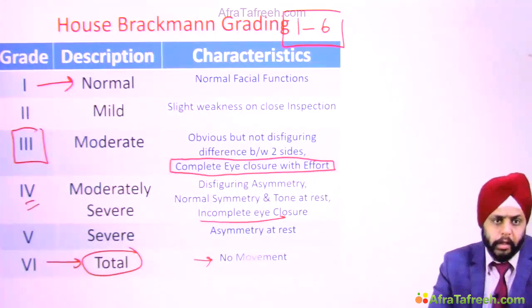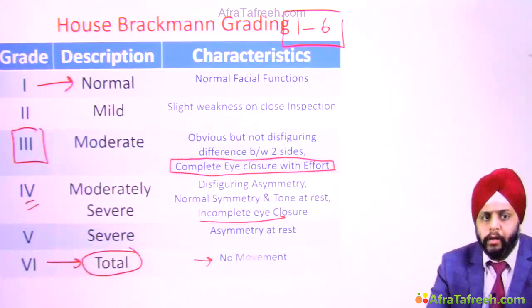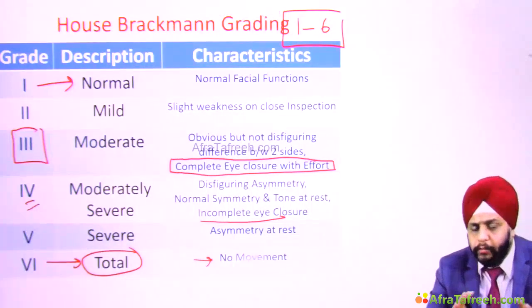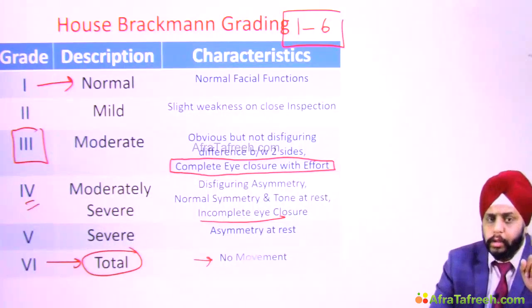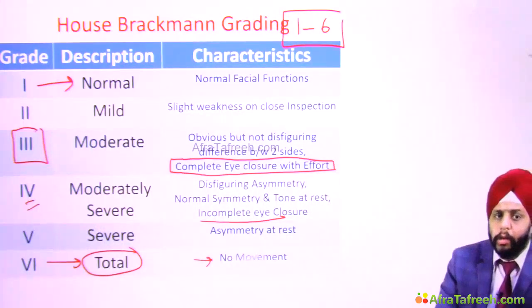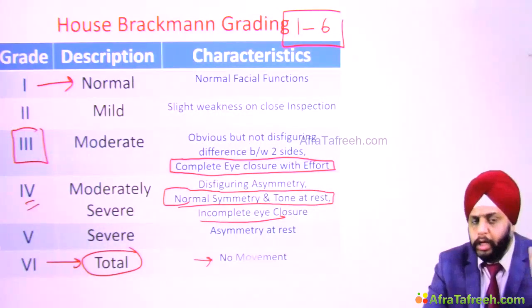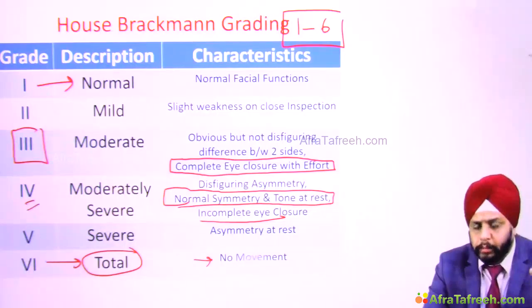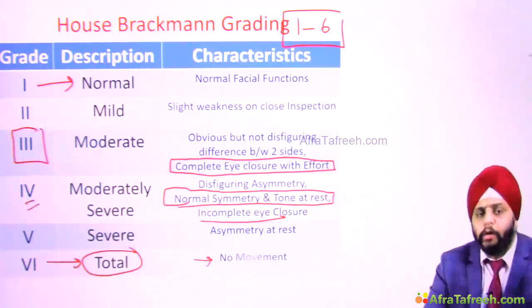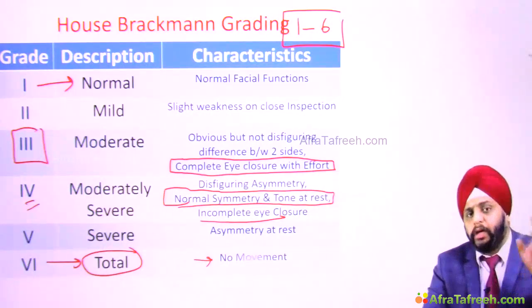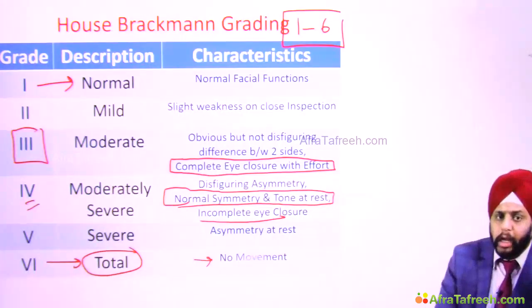Now between grade 4 and grade 5: in grade 4 the patient still has normal symmetry and tone at rest. If the patient is not smiling or speaking, you will not find any problem. In grade 5 the patient will have asymmetry at rest.